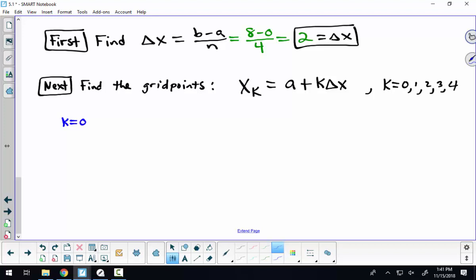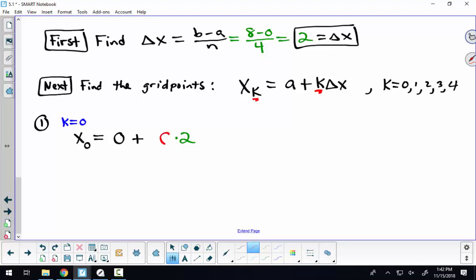So the first grid point happens when k is equal to 0. So when k is equal to 0, we have x sub 0 equals a. What was our a? A is 0, plus k times delta x. Our delta x was 2. And notice this k right here, that k in the formula matches the k that's on the subscript of x.